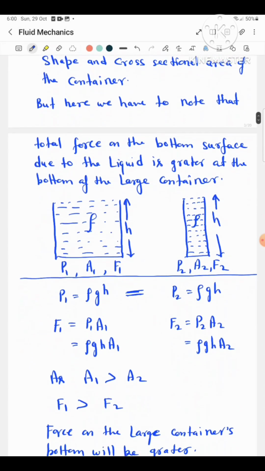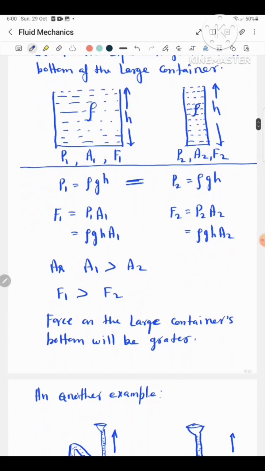But here we have to note that the total force on the bottom surface due to the liquid is greater at the bottom of the larger container. We will see here. Suppose we have taken two containers. One container has a larger cross-section area, another container has a smaller cross-section area.